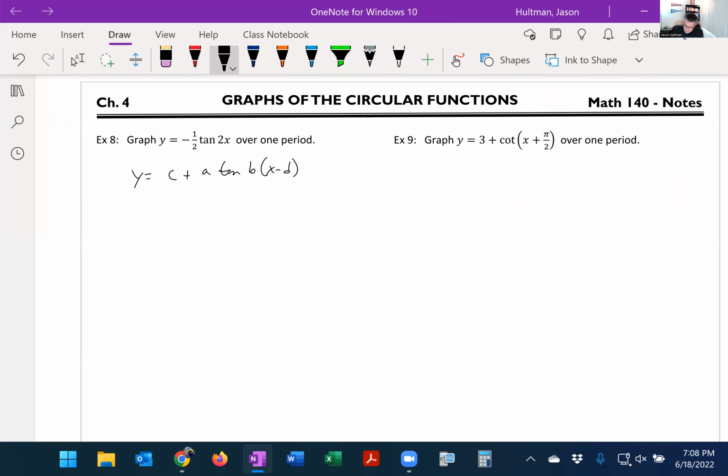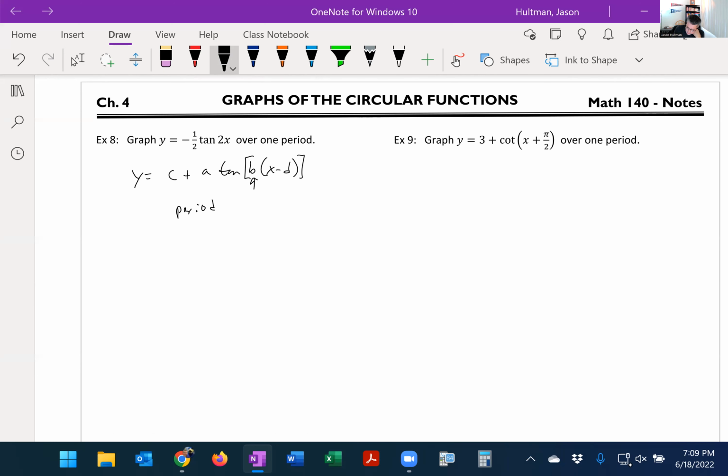A is going to stretch the function, and b changes the period, because it's a horizontal compression or expansion.